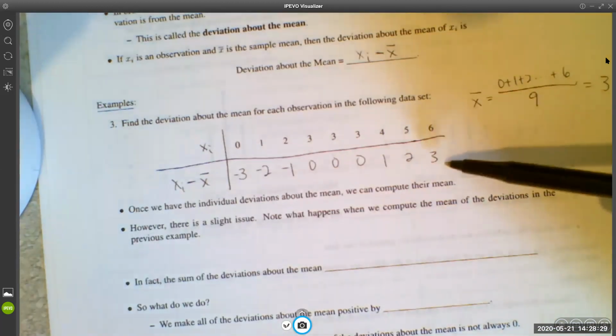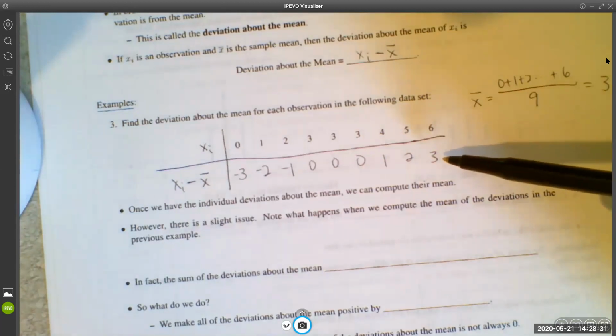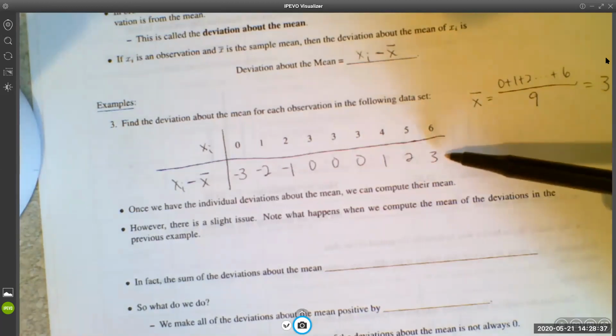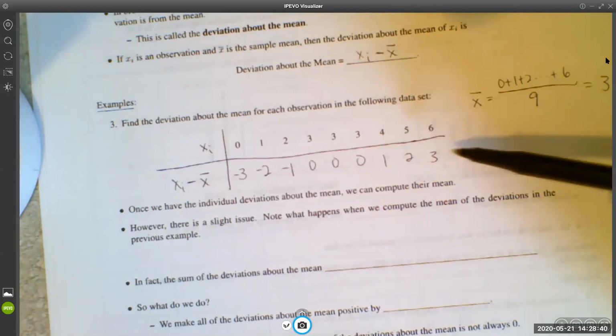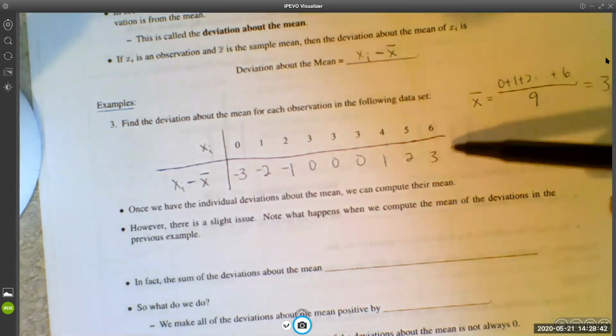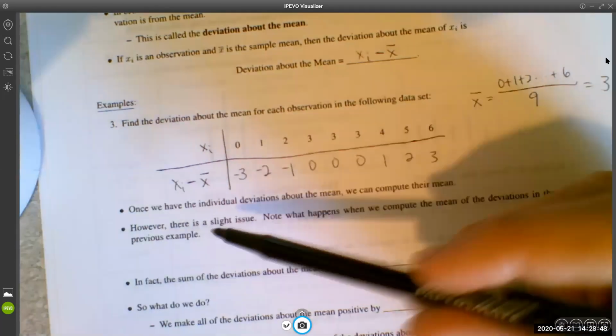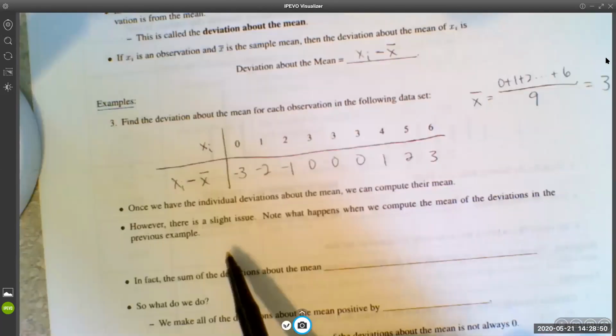Now, once we have these individual deviations about the mean, remember that our goal is to come up with the formula for the average deviation about the mean. So what we want to do now is find the average of these deviations. But when we go to compute that average, we have a slight issue.